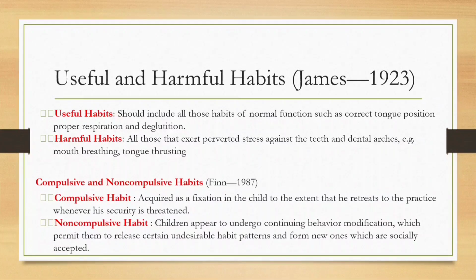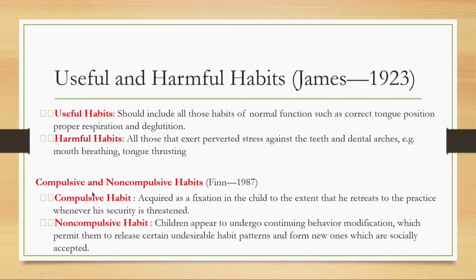James has one: useful and harmful habits. Useful habits are for normal function, such as correcting tongue position and deglutition, and harmful habits act against the teeth and dental arches, like mouth breathing and tongue thrusting.